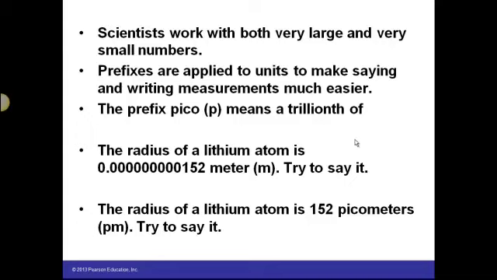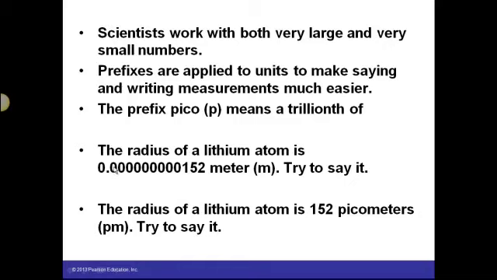So for example, the prefix pico means a trillionth of. So if we're talking about the radius of a lithium atom, which is very, very tiny, you could say it's 0.0000000000152 meters. I can't even say how far that is out.